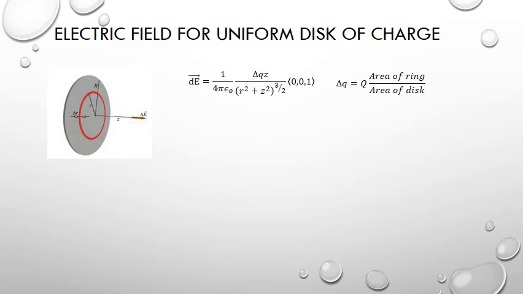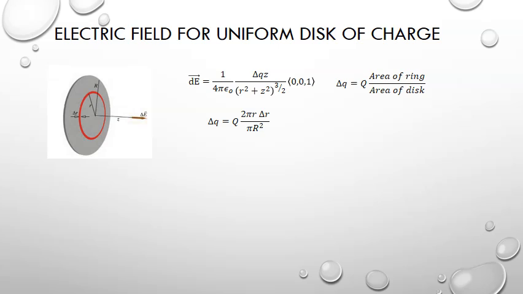By definition, since the total disk has a charge q on it, I am going to multiply that charge q by the area of the ring divided by our total area. And the reason we're using area is it's a two-dimensional object. That's why we're going to use area. So what is our dq?